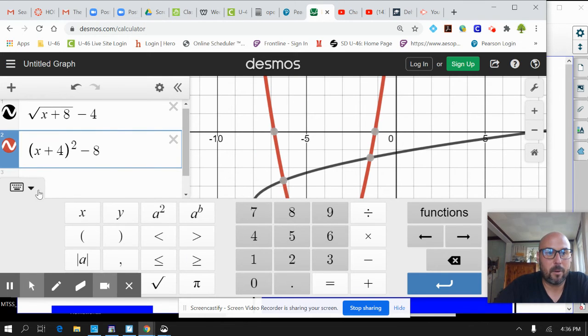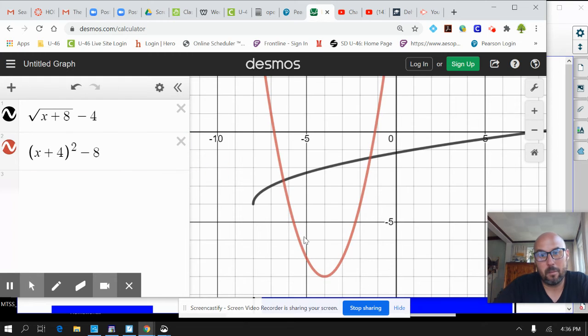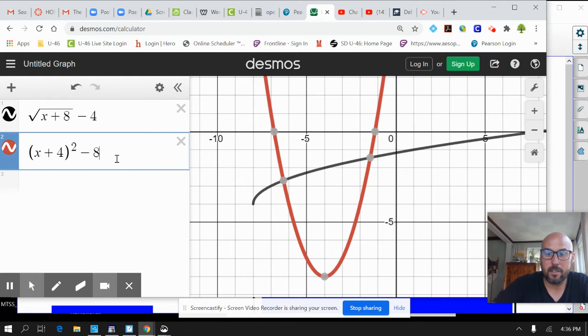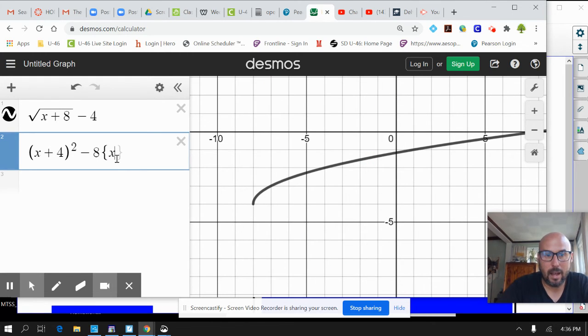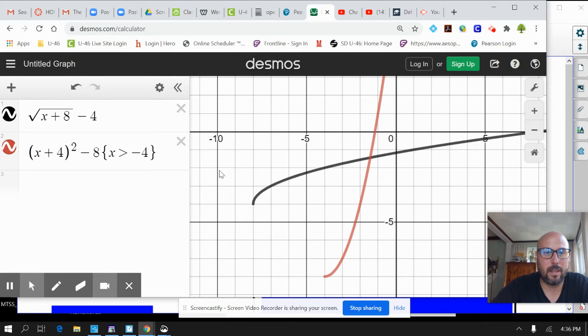Now that is a parabola, and this red parabola, of course parabolas have a domain of all reals, but we had to restrict this parabola's domain so that it behaves as an inverse of this square root function. And we've discovered that it was every x value that's greater than or equal to negative 4. Now, I don't know how to do the or equal to part, so that doesn't matter right now.